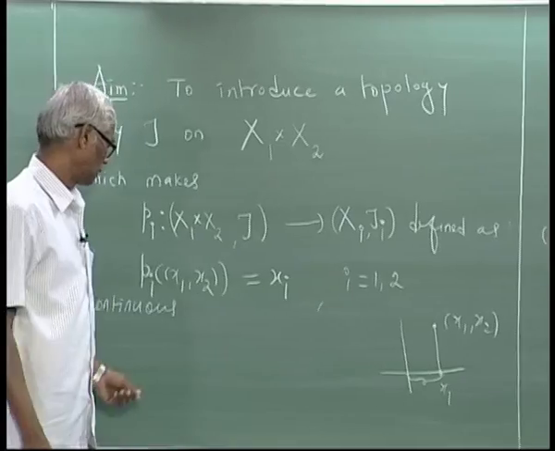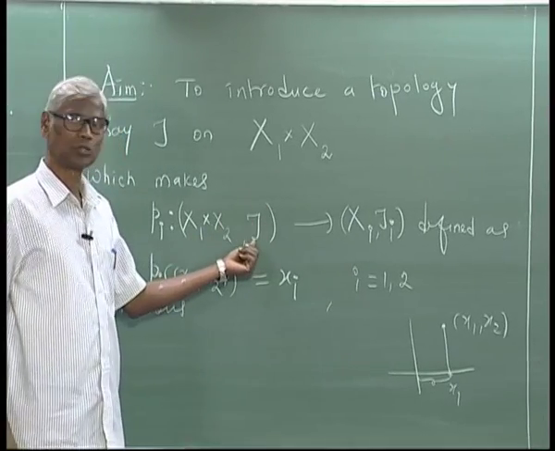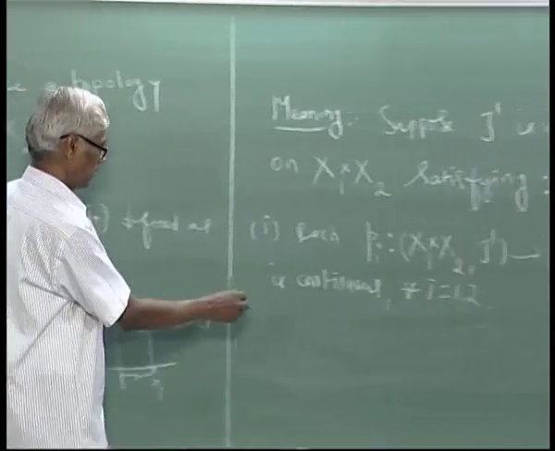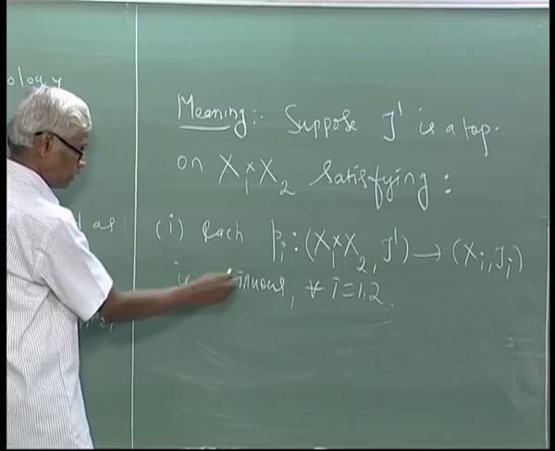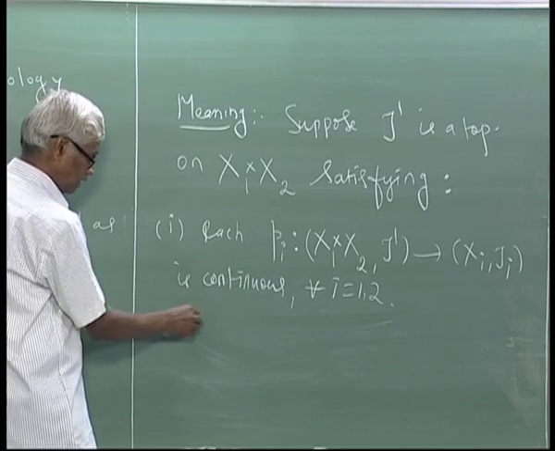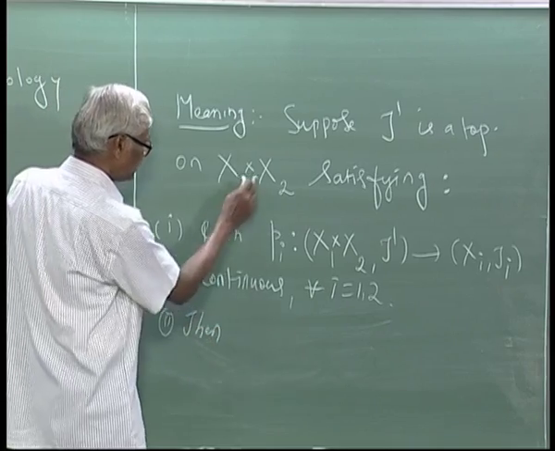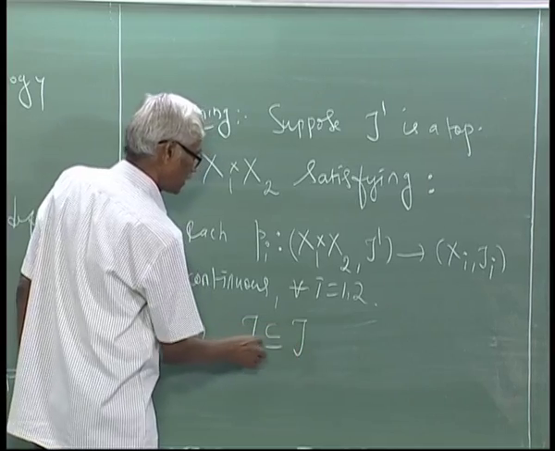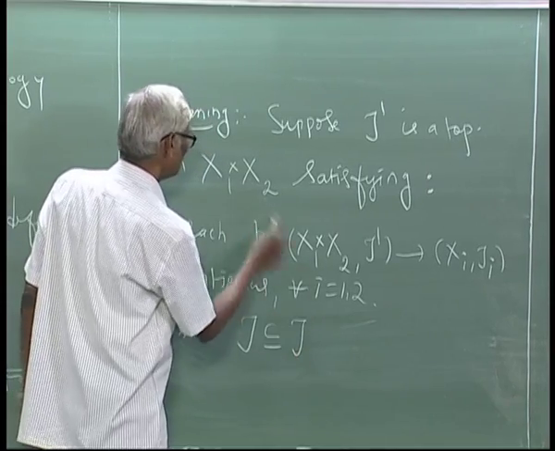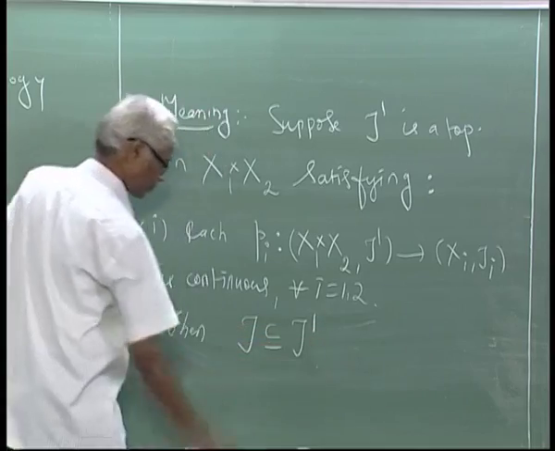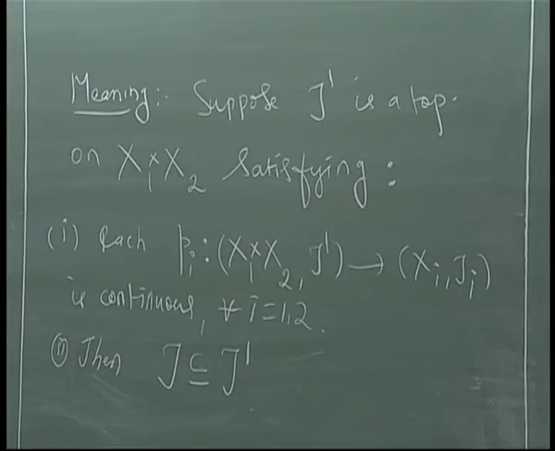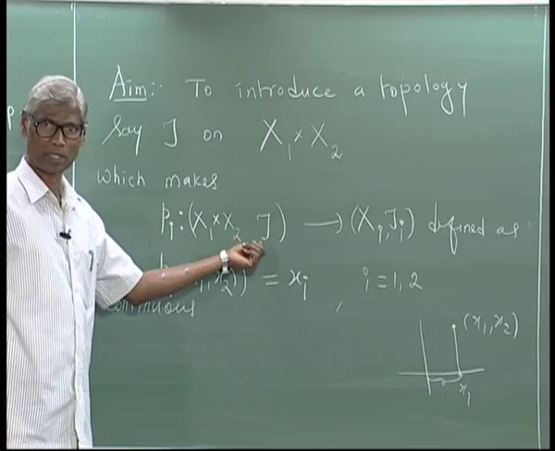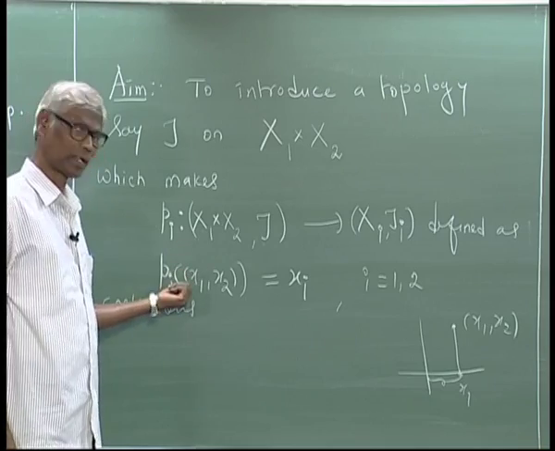Then we want our topology to be the smallest such topology, so this tau should be weaker than tau prime, meaning tau is a subcollection of tau prime. Such a topology tau we will call the product topology. So this is our requirement.